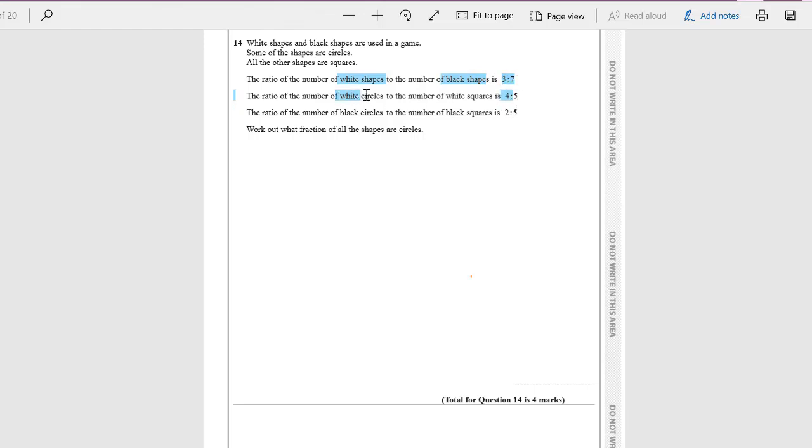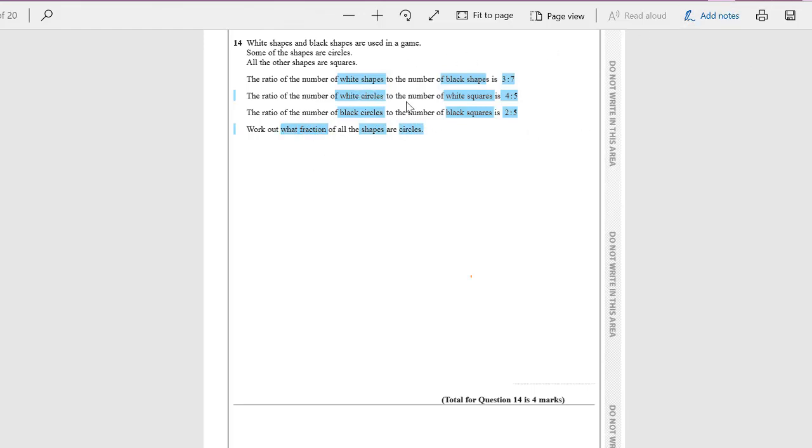And then the white circles to the white squares is 4 to 5. And then the black circles to the black squares is 2 to 5. So what fraction of the shapes are circles? That's our task here.